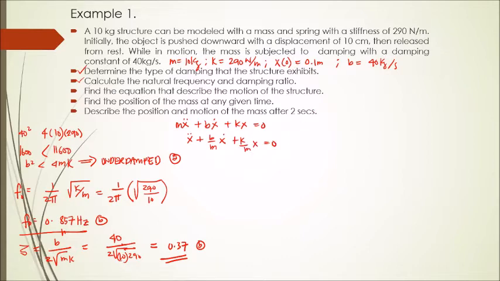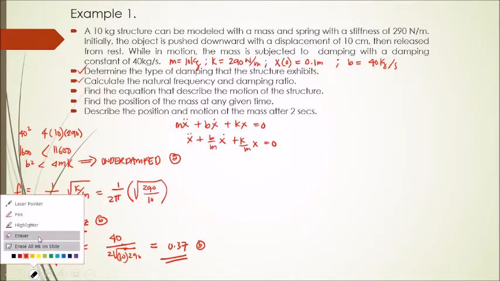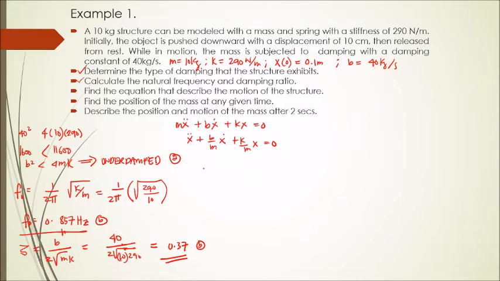We can substitute the given values of b, m, and k. So b over m, that is 40 over 10, that's 4, times x dot, plus k over m, that's 290 over 10, which is equal to 29.